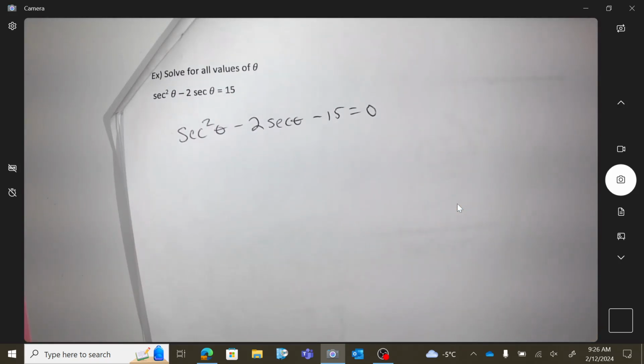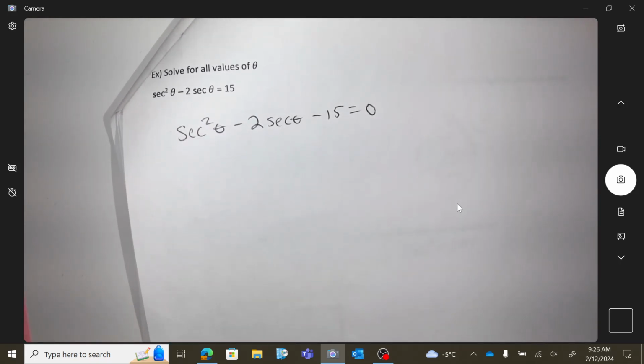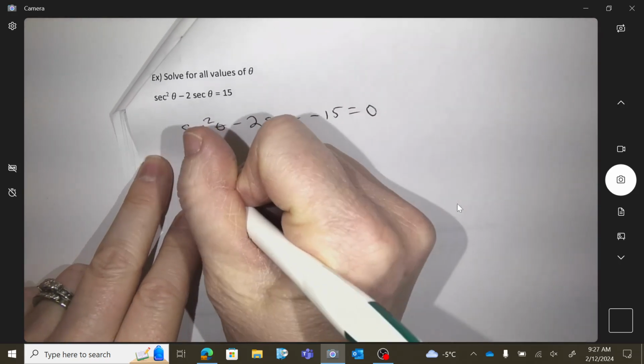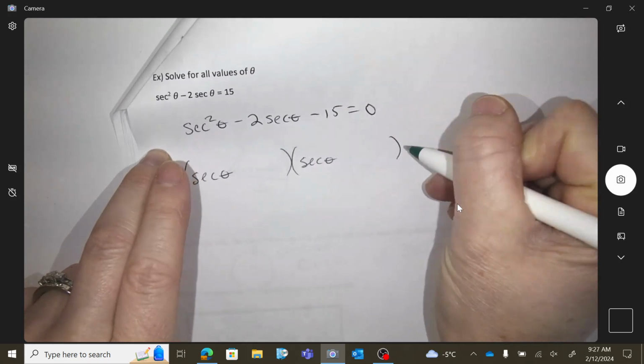Now I gotta say, what do I recognize? Do I have any of those factorings that I know about? Simple trinomial, because it's got the trinomial and it's just the one squared part. So secant theta, secant theta.